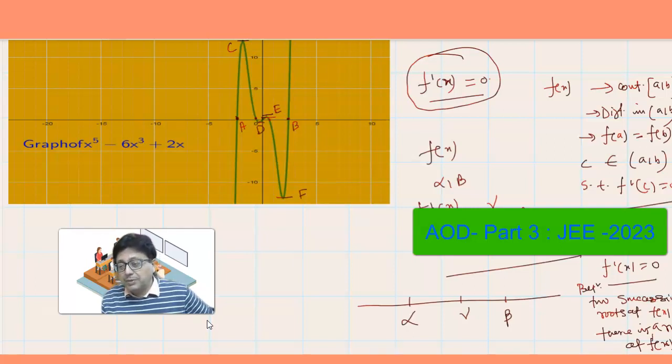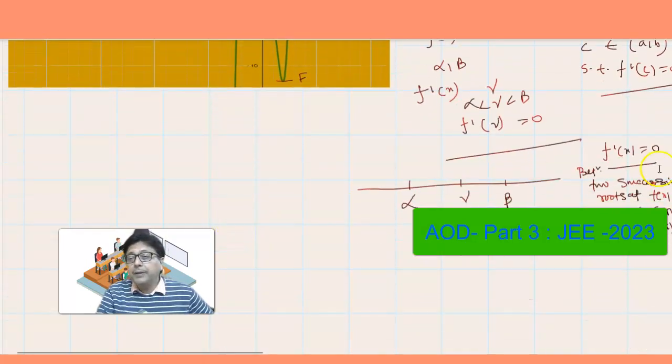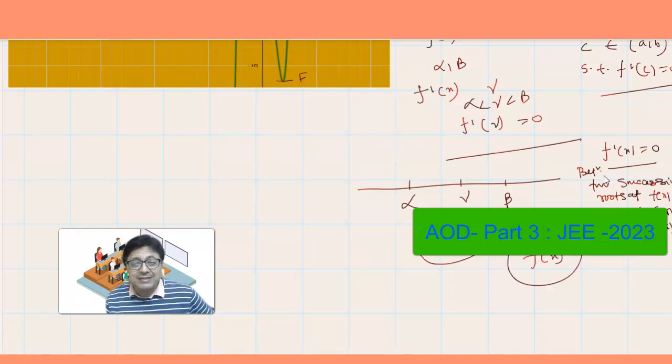This is very important. When you are going to predict something about an equation, remember that the equation may be given in the form f dash x, but you need to check the conditions of Rolle's theorem on fx, not on f dash x.